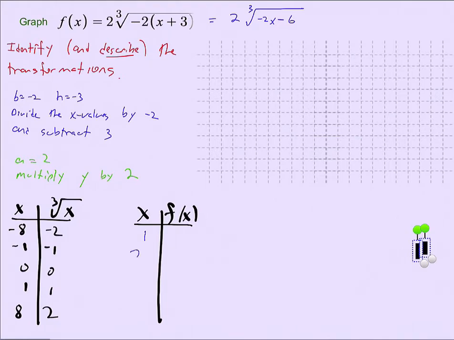Subtract 3 is -2.5. 0 divided by -2 is 0. Subtract 3 is -3. 1 divided by -2 is -1/2. Minus 3 is -3.5. And 8 divided by -2 is -4. Minus 3 is -7. So those are the x values.